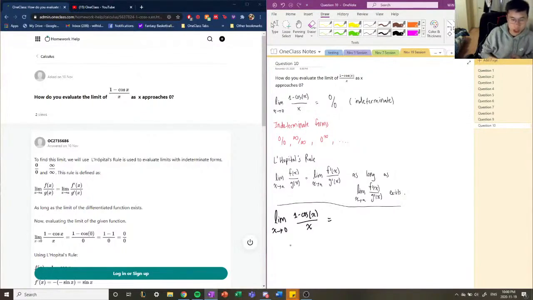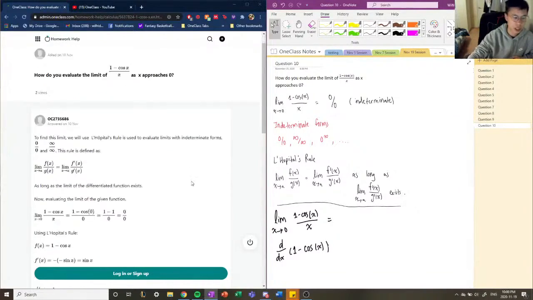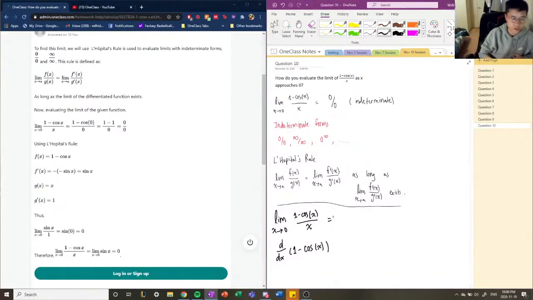If we differentiate the top, d/dx of 1 minus cos x, we know that the derivative of cosine is negative sine, but since it's negative cos, we're going to have sine x.